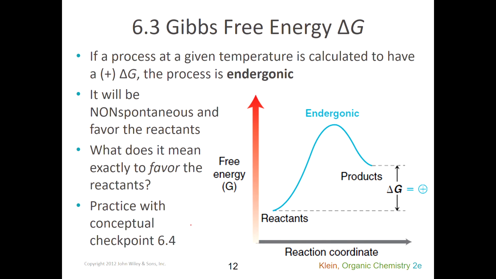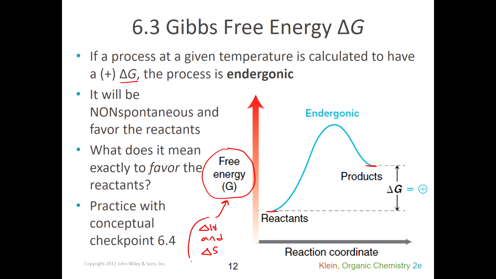I could also have a situation where delta G is positive. That tells me it's non-spontaneous. So again, we're not looking at the stability or the potential energies here. We're looking at the free energy, which factors in both enthalpy and entropy considerations.